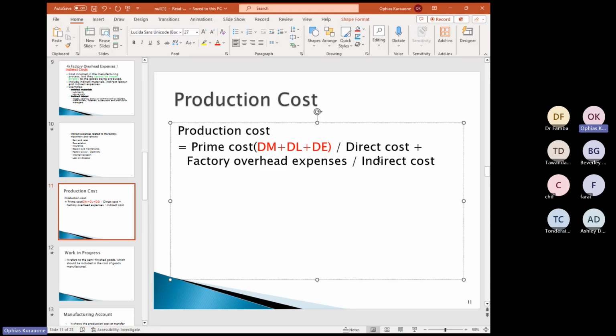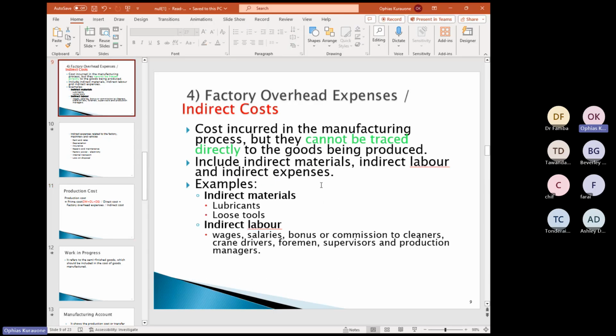Then we have got plus factory overhead expenses. On this slide we talked about indirect overhead expenses: lubricants, loose tools, indirect labor, and so on.